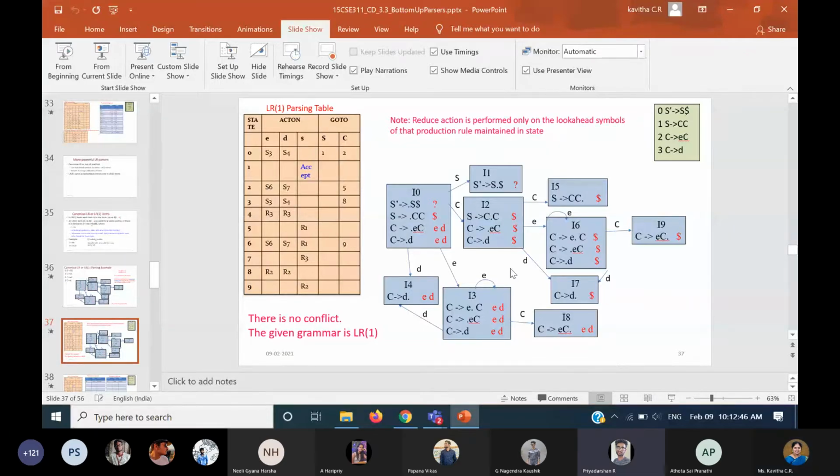We have added that dollar symbol in I2, the last one in red color. That is because, why do you know? After C, which is what I expanded, what do I have? After C, I have epsilon. So according to the general format, whatever is there after the symbol which we are expanding, you take the first of that particular substring and concatenate it with the look ahead symbol.